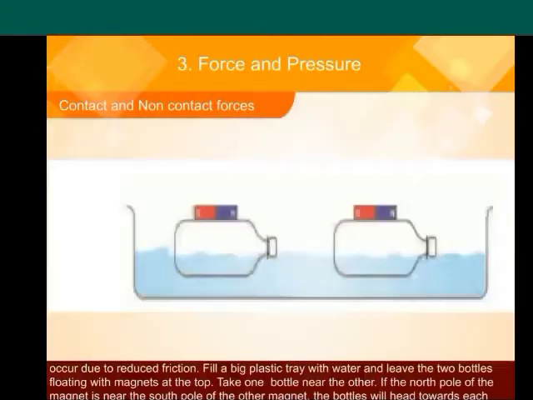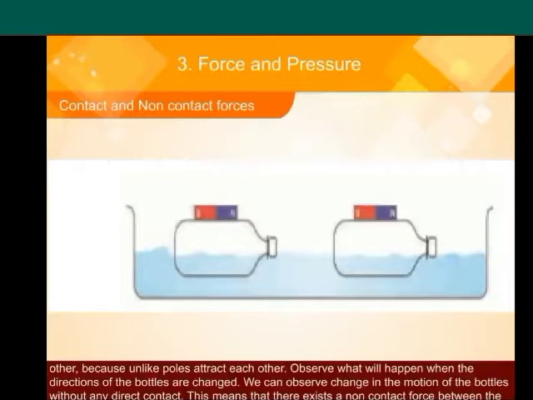Fill a big plastic tray with water and leave two bottles floating with a magnet at the top. Take one bottle near the other. If the north pole of the magnet at the bottom of one bottle is near the south pole of the other magnet, the bottles will move towards each other because unlike poles attract each other.